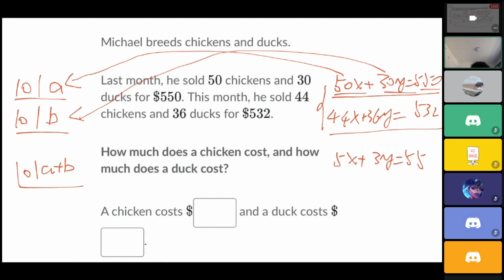And you also notice that this part is divisible by 4 because 44 is divisible by 4. So you don't even have to worry about x. 44 is divisible by 4, so you simplify this into 11x. 36y is divisible by 4, so you simplify this into 9y. So there's 9y plus 11x.